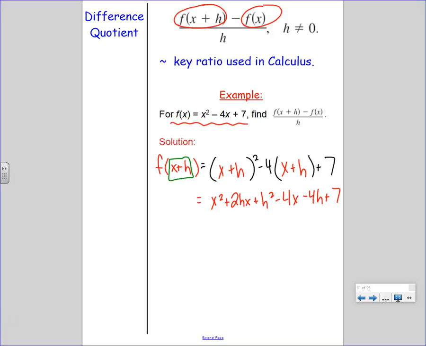To get f of x plus h? No, it's to get this guy. So now I have all the pieces to plug in. So I can say division minus h. I need to plug in my f of x plus h. I need to plug in my f of x, which I can do very carefully.